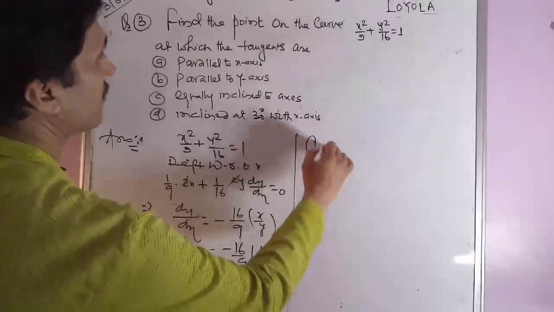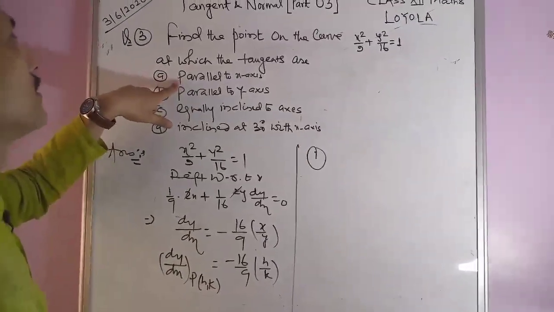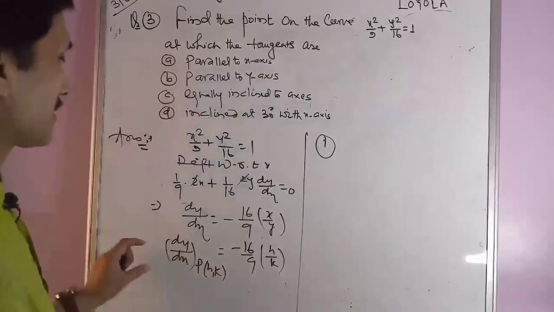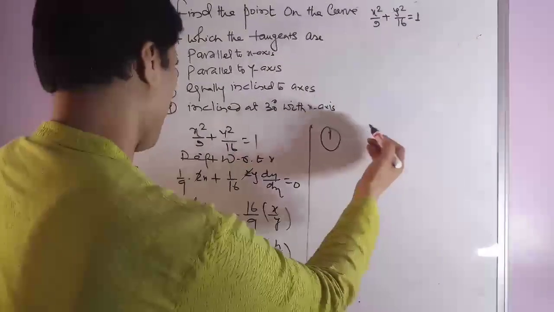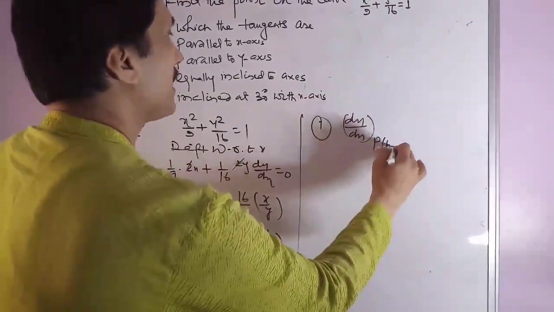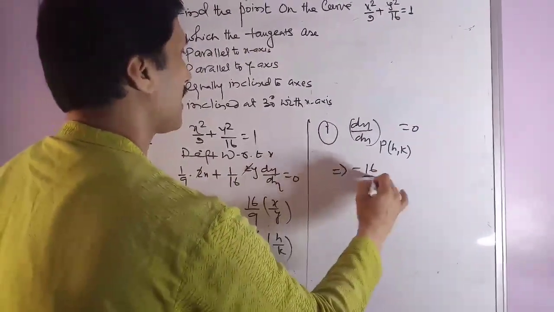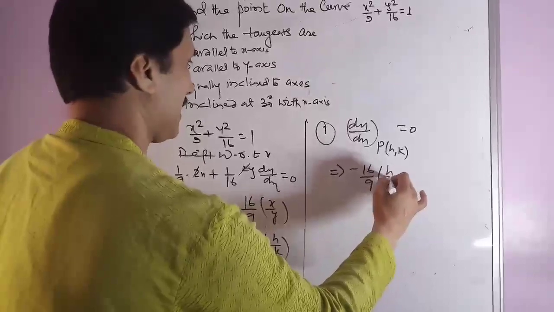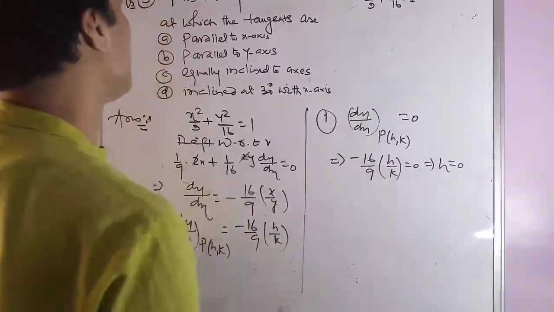According to the question, first, tangents should be parallel to x axis. This is the slope of tangent, parallel to x axis. So dy by dx at P(h, k) equal to 0. This implies minus 16 by 9 h by k equal to 0. This will give h equal to 0.